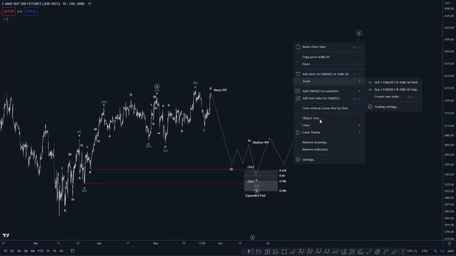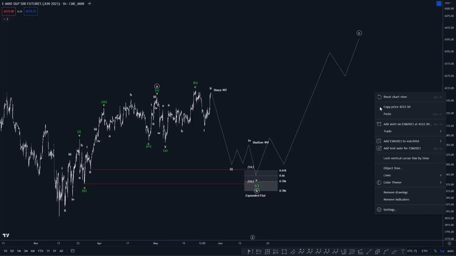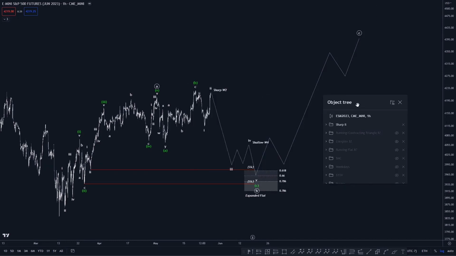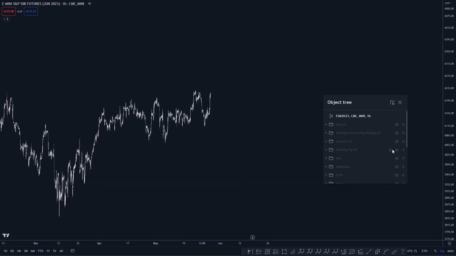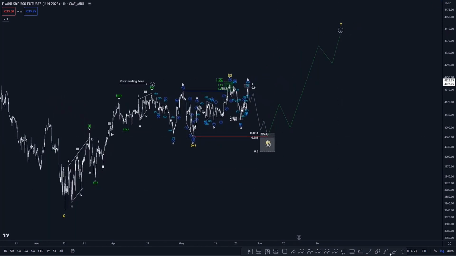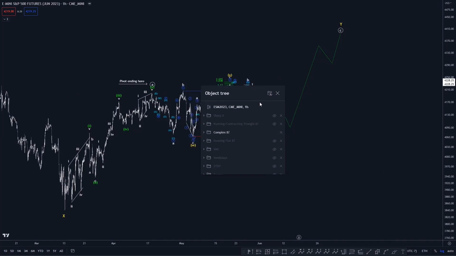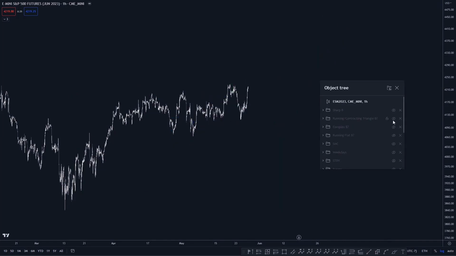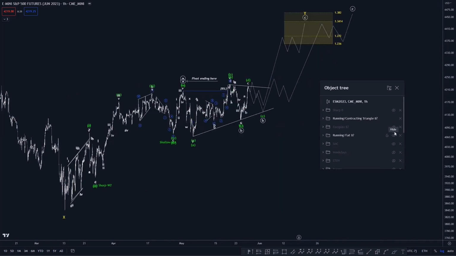So I would lean more towards the complex B, meaning we still have a push down, take these lows, and then push up, or we're looking at one of the running variations. Whichever, it just depends on the manner of how price unfolds.